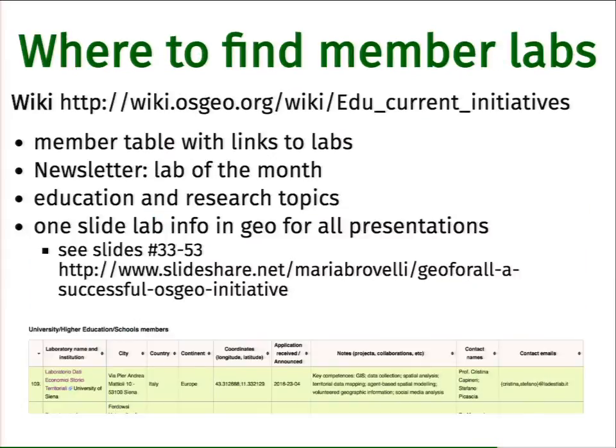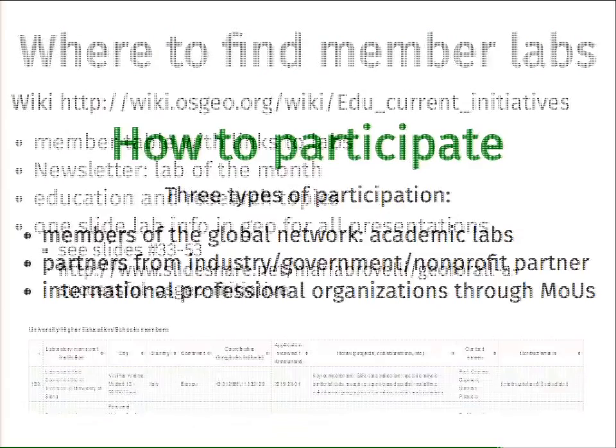Now, the really important part is the wiki, where all the member laboratories are listed along with their location, their coordinates, but also with the links to their website and with the work that they are doing. So you can learn in this table what actually all of these organizations are doing. And I will then show you some examples of the laboratories.